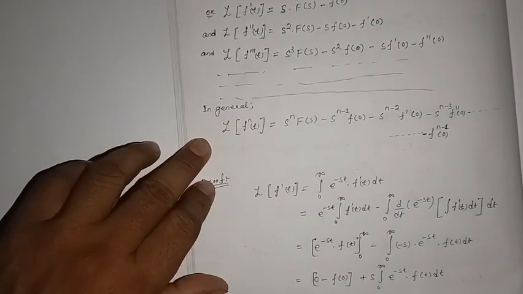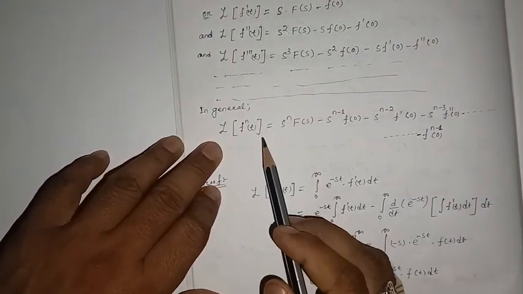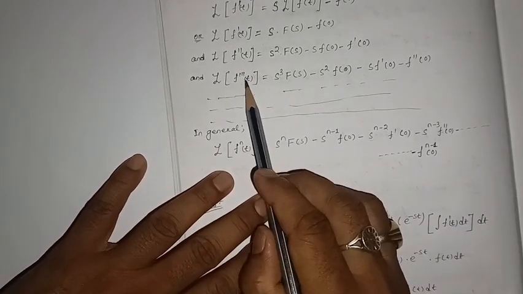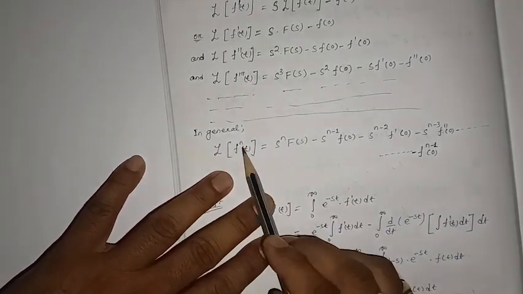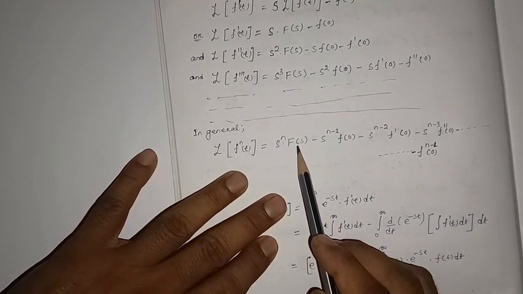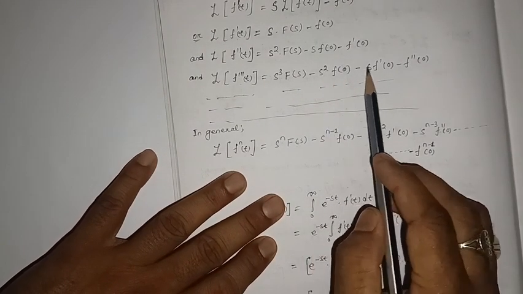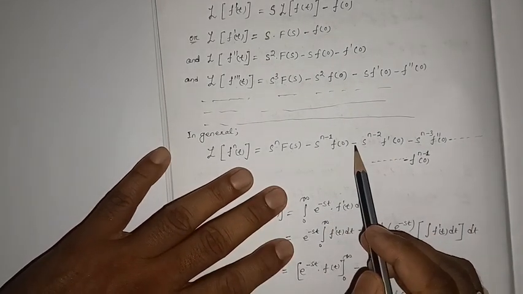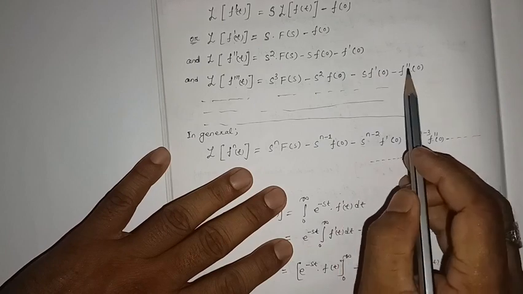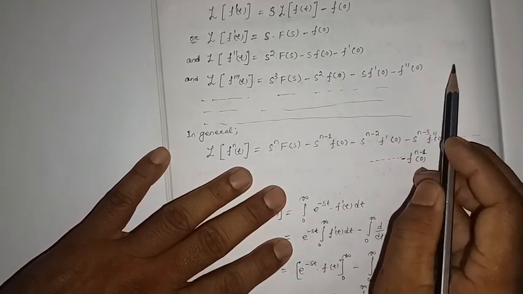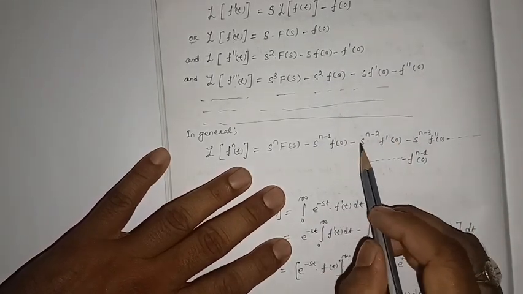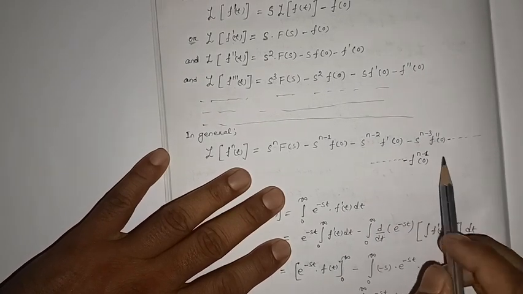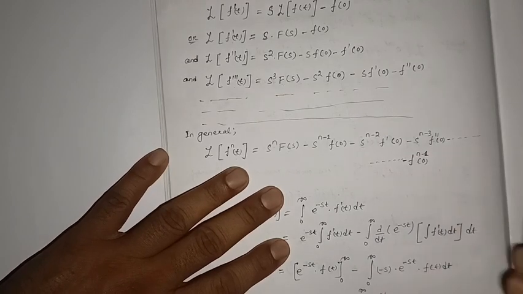Okay, similarly in general we can write the Laplace transform of the nth derivative of a function. Here you can see third derivative means s cube, nth derivative means s to the power n capital F of s minus, here the s power gradually decreases, so s to the power n minus 1 f of 0 minus, and the derivative order increases gradually, s to the power n minus 2 f dash 0 minus s to the power n minus 3 f double dash 0, and so on.